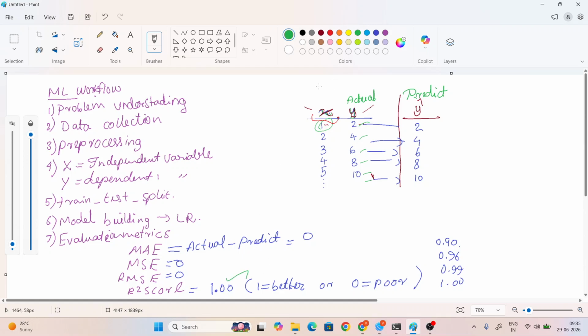Guys, in case your prediction is wrong, just take a snap. If it does not predict perfectly, say it predicted 3, 5, 7, 9, 11, what will the error be?